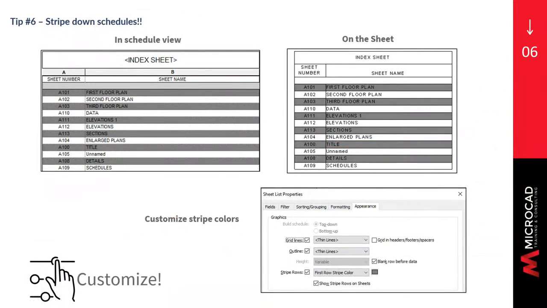Another feature that I want to show you is that schedules can now be striped. Within your schedule viewer or within your sheet, you will have the option to set and define these properties for your elements.